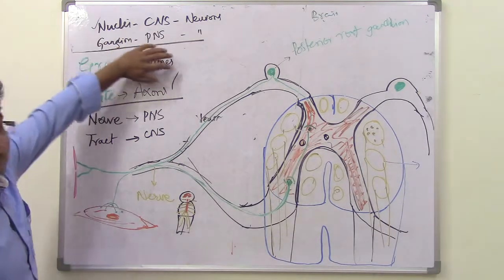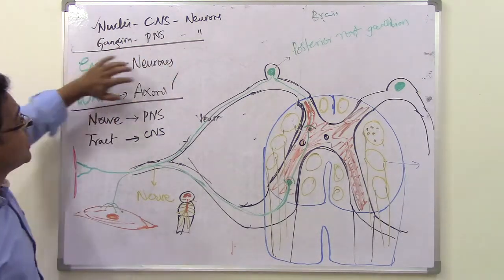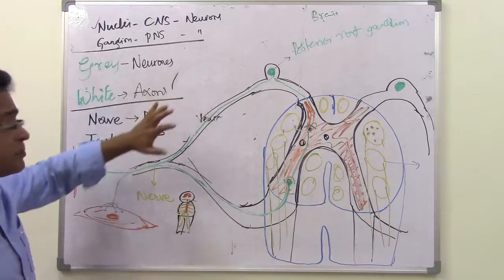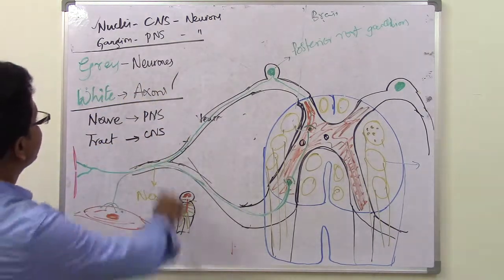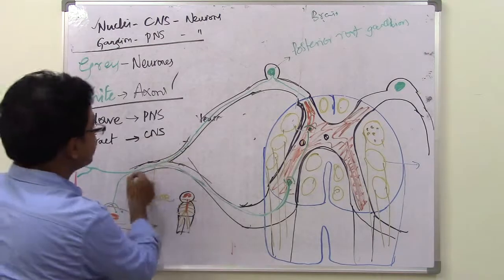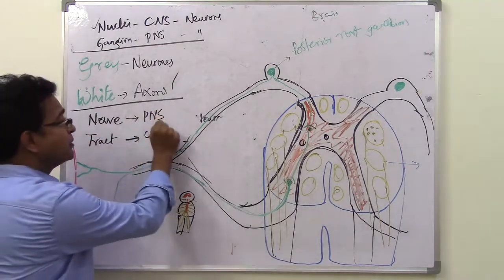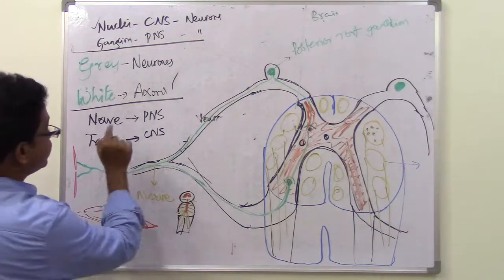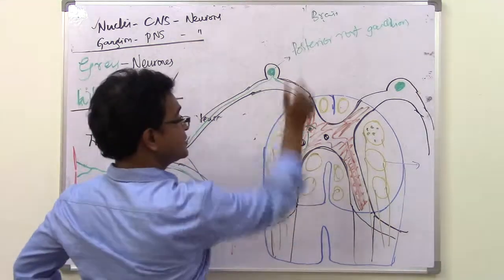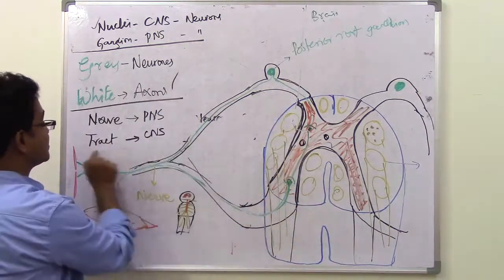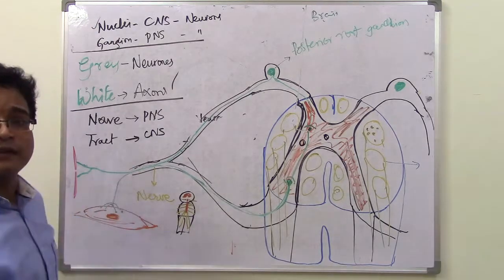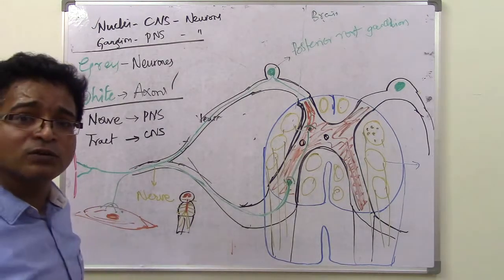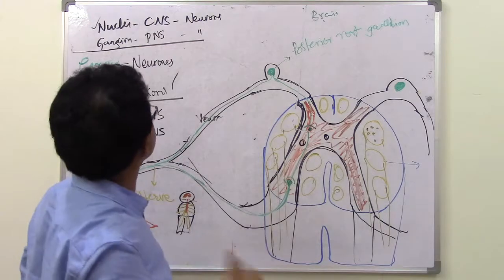Gray matter is made up of neurons, white matter is made up of axons because of myelin sheath, and we call a nerve fiber a nerve only in the peripheral nervous system, outside of the central nervous system. If the same nerve is there inside the central nervous system, we call it a tract, not a nerve. So there are no nerves in the central nervous system.